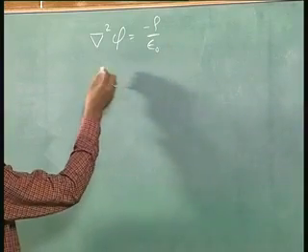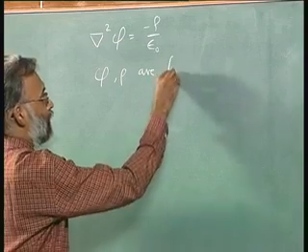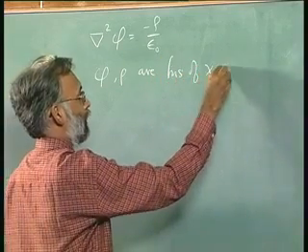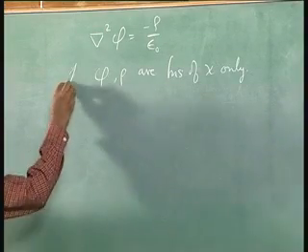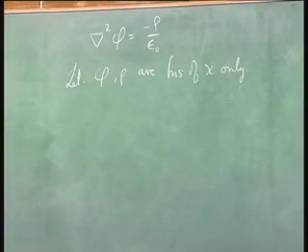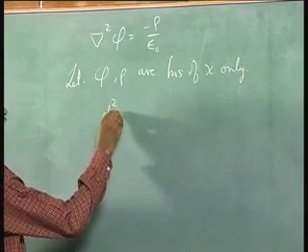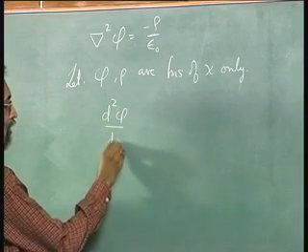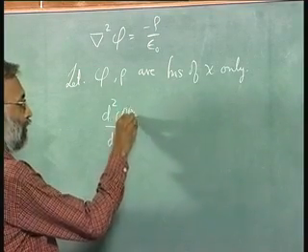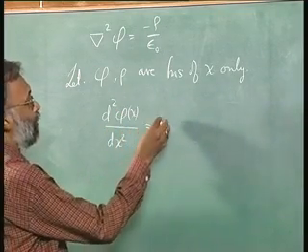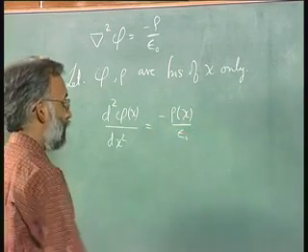It says, supposing phi and rho are functions of x only, then I can write this equation down. It says d squared phi dx squared, where phi is a function of x, is equal to minus rho of x over epsilon naught.